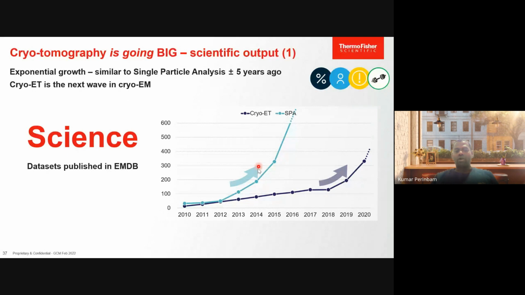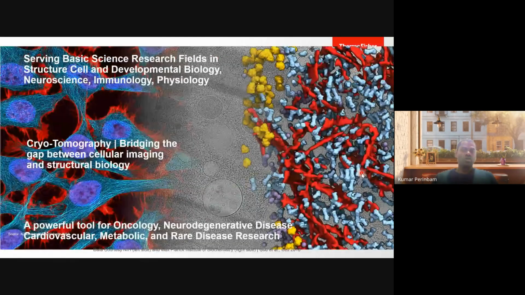People are hoping that it will have its own resolution revolution somewhere around 2025 or before that. Actually, it started somewhere around 2020 itself. So you will constantly see cryotomography, then cryo-electron microscopy, in the future also.